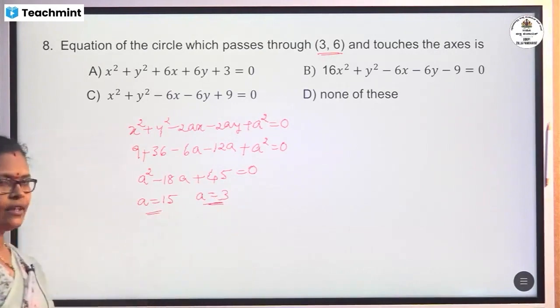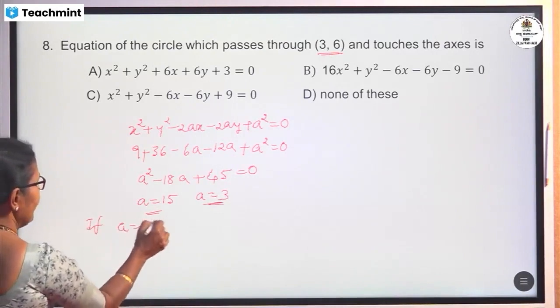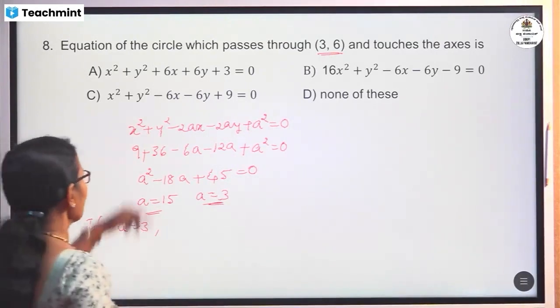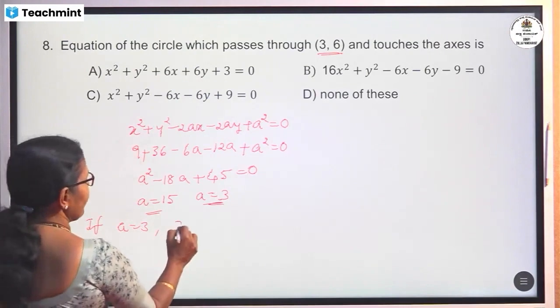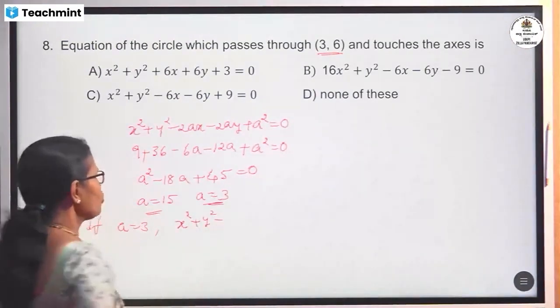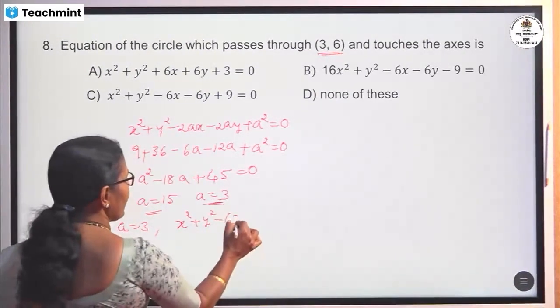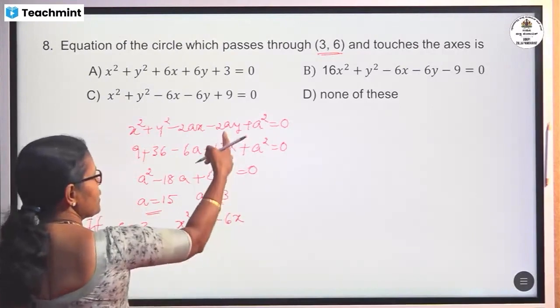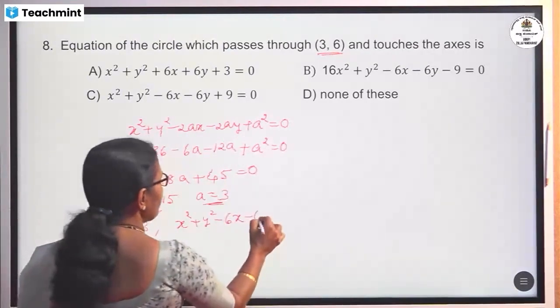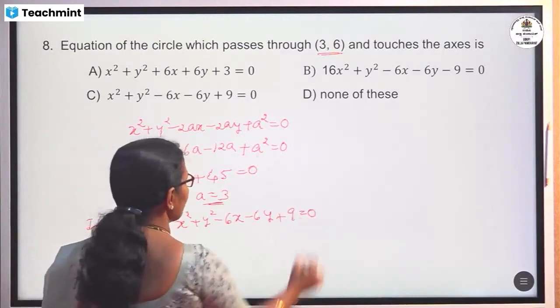If a is equal to 3, substitute here, then we get the equation of the circle: x square plus y square minus 2ax, a is equal to 3, therefore minus 6x, next a is equal to once again 3, minus 6y plus a square means 9, equal to 0.